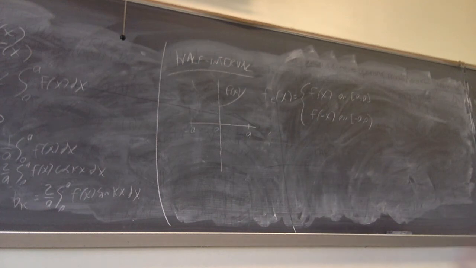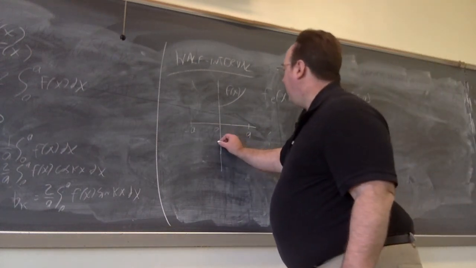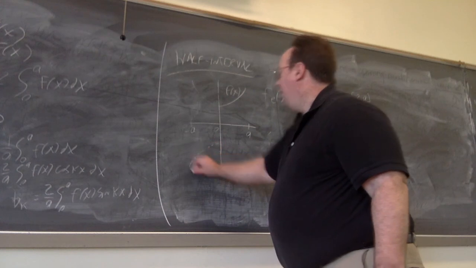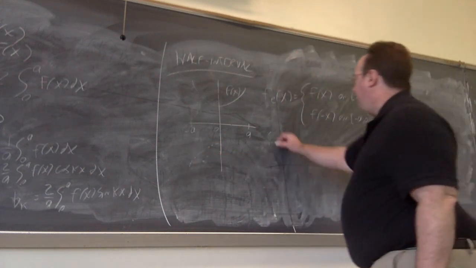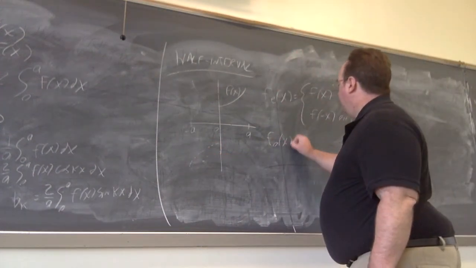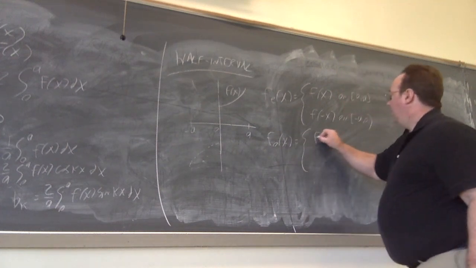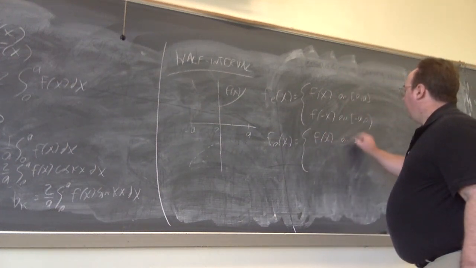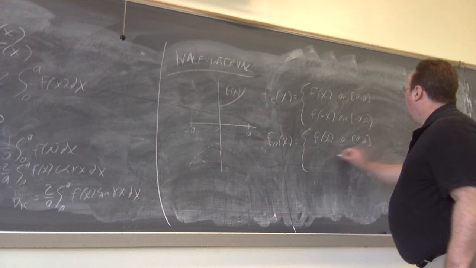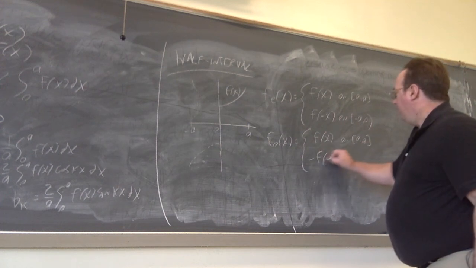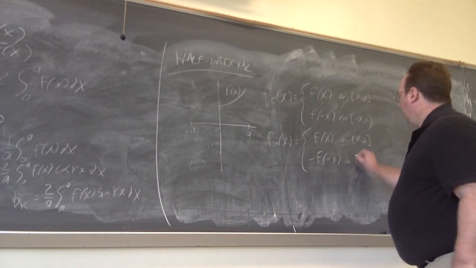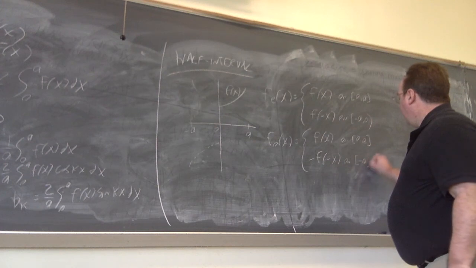The other option is I can extend in an odd fashion. So f_o of x is equal to f of x on 0 to a, and minus f of minus x on minus a to 0.